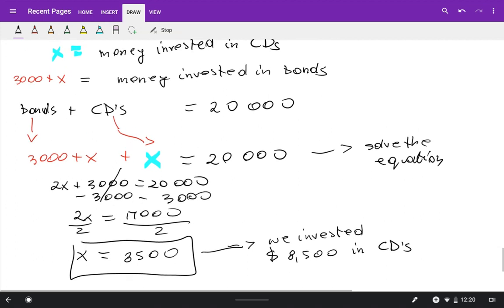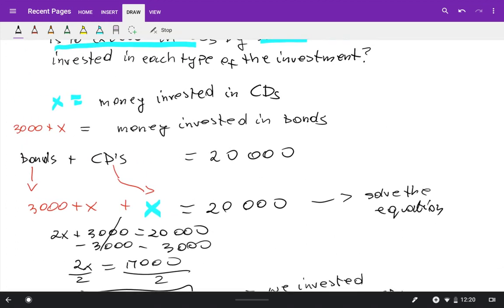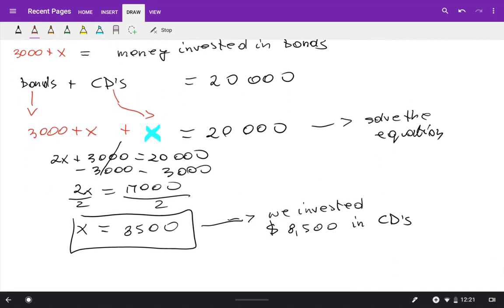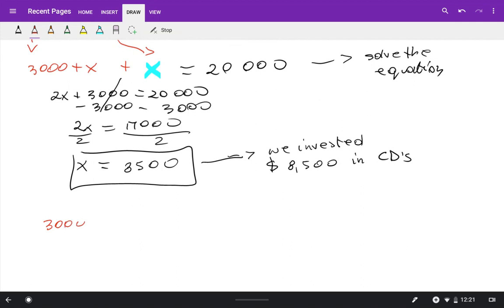So now we need to figure out how much we invested in bonds. Money invested in bonds is 3,000 more than in CDs. So 3,000 plus X equals 3,000 plus, since we know X is 8,500, 11,500.